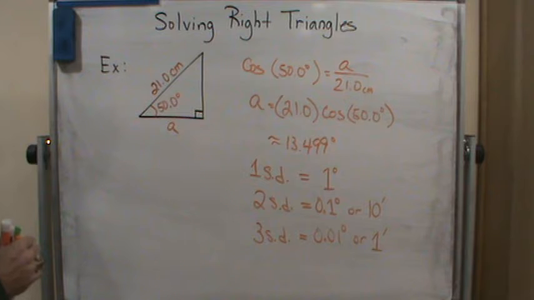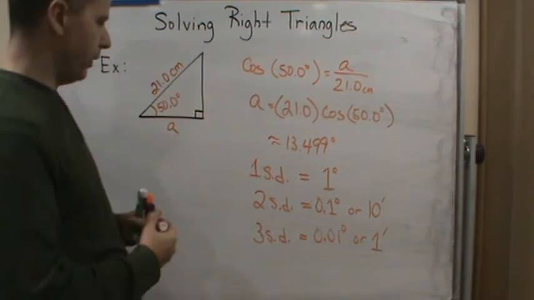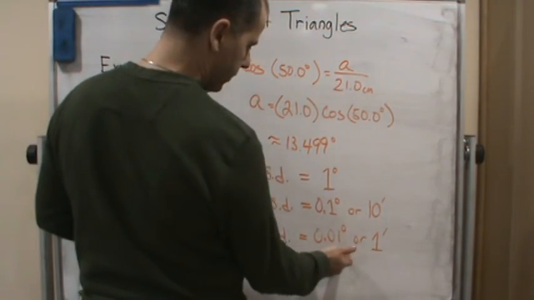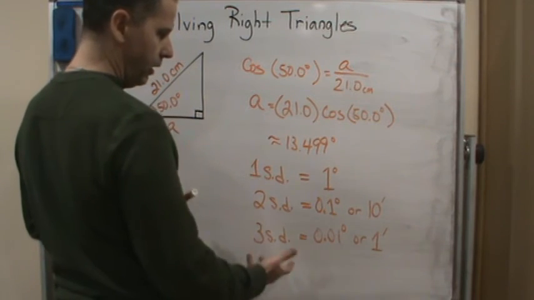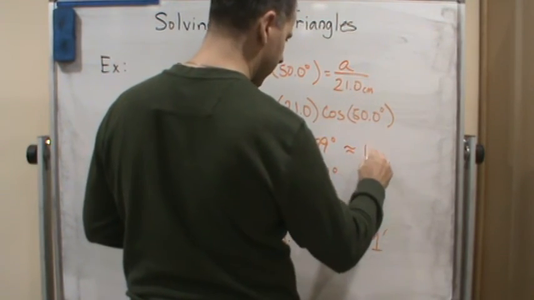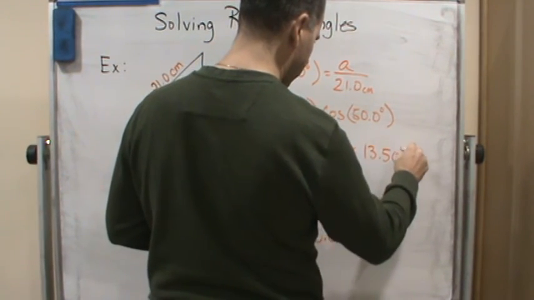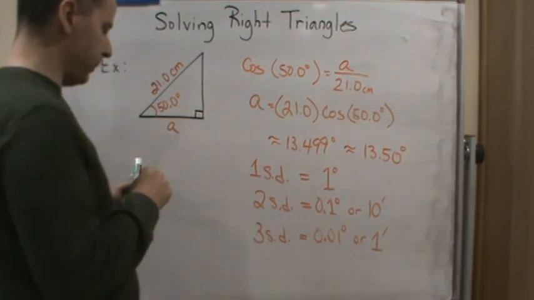In this case, since we're dealing with three significant digits, we would round to the nearest hundredth of a degree. So we would round this to approximately 13.50 degrees, and that would be our answer.